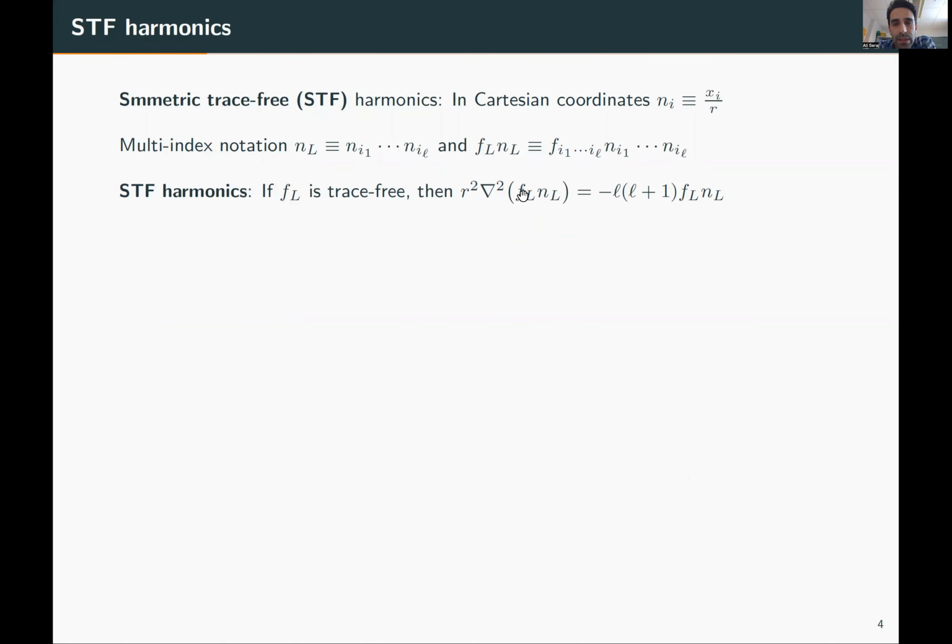So F_L n^L, where F_L is trace-free, is on the same footing as Y_lm. As you see, the eigenvalues are the same. So you can use these STF tensors to expand scalars, vectors, tensors, and so on.